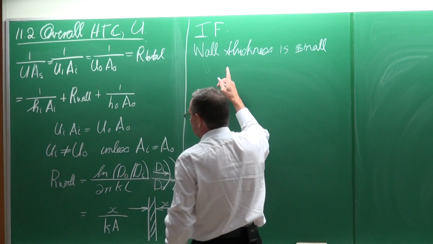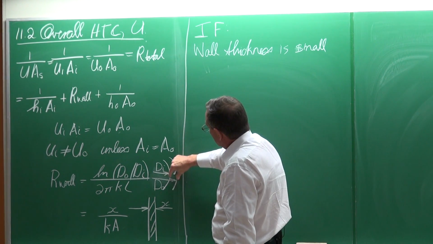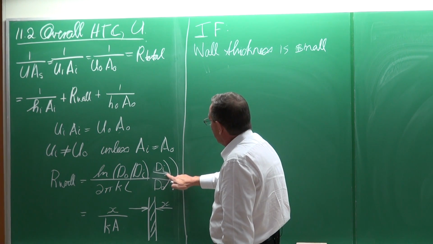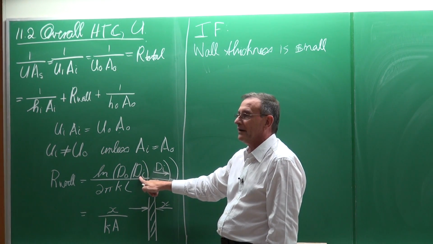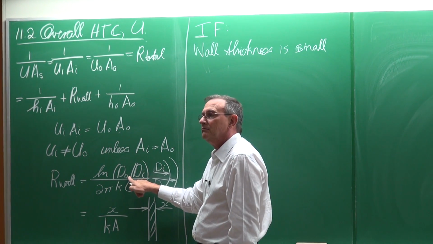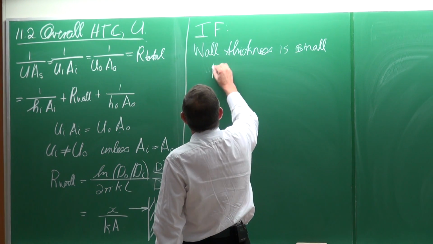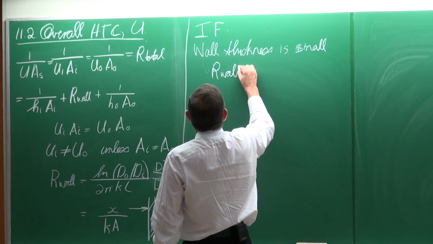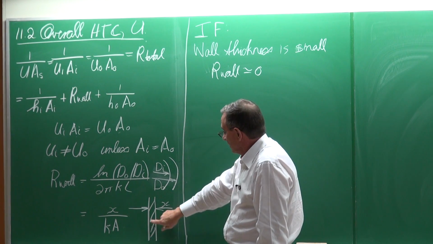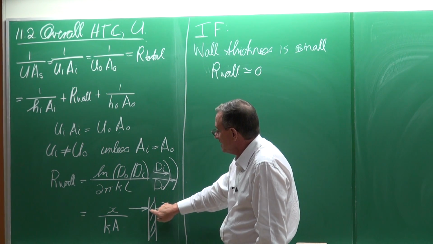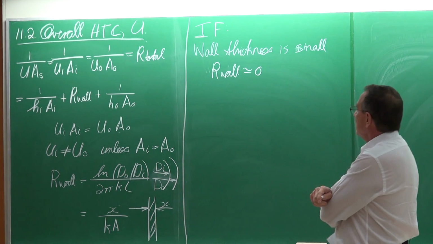Then it means that if this is thin, that diameter and that diameter, the ratio of it will approximately equal 1. The ln of 1 is 0. So it would mean that the resistance of the wall would normally be equal to 0. The same for this type of wall. If x is very thin, then the resistance over the wall is also very small.